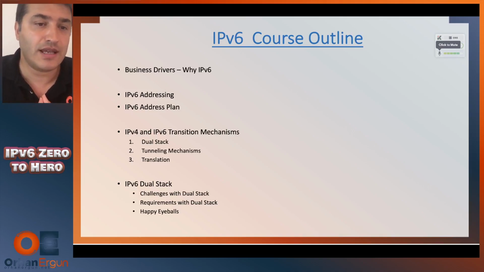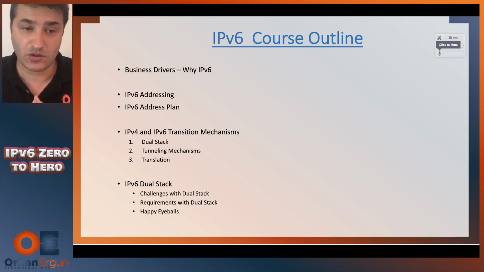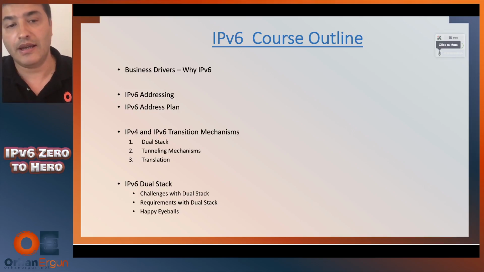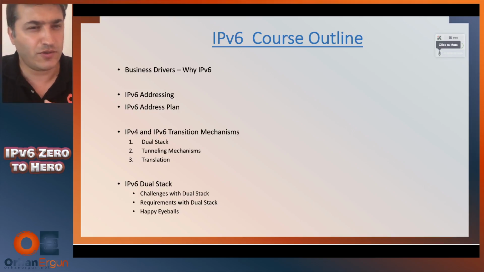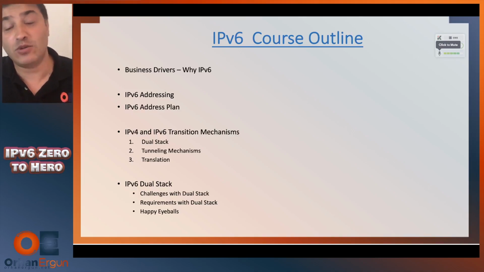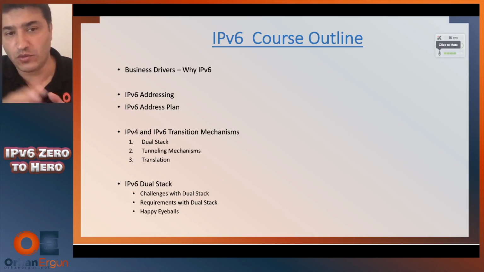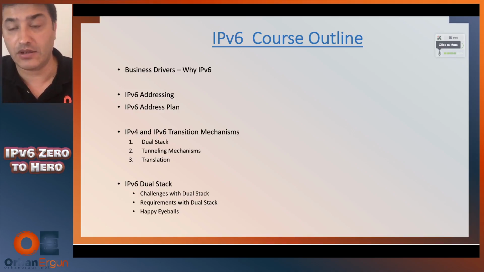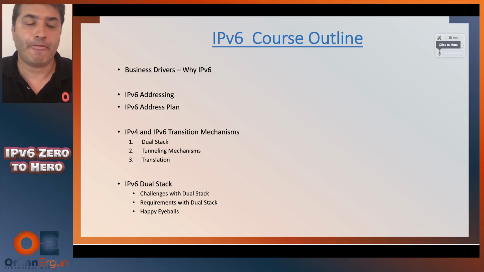So we need to understand three different categories of using v4 and v6 together: dual stack, tunneling, and translation. The first, maybe the easiest one to explain and understand, is dual stack. Each one of those categories, dual stack, tunneling, and translation, has multiple things to learn.